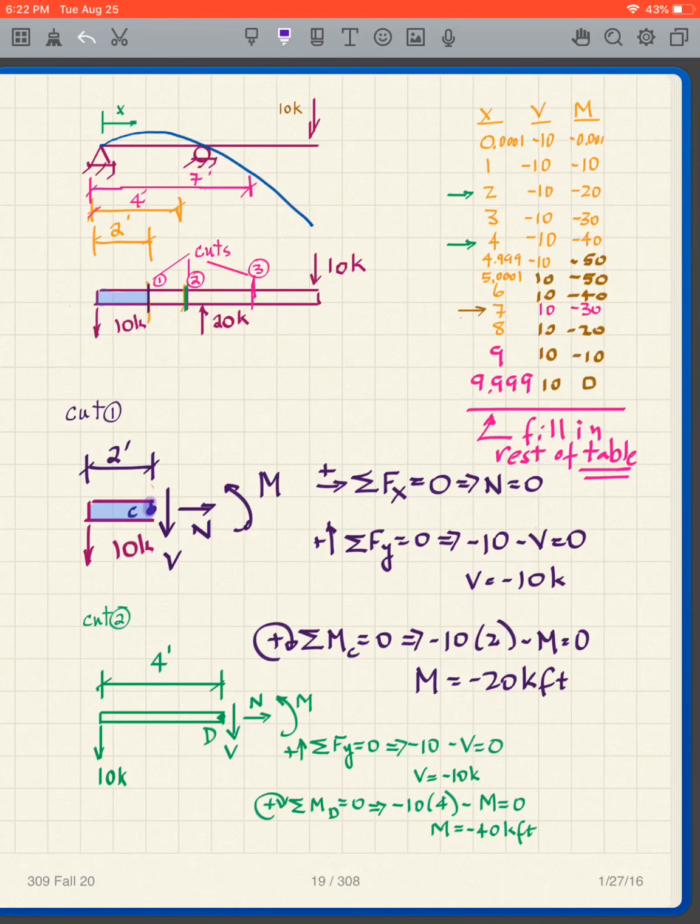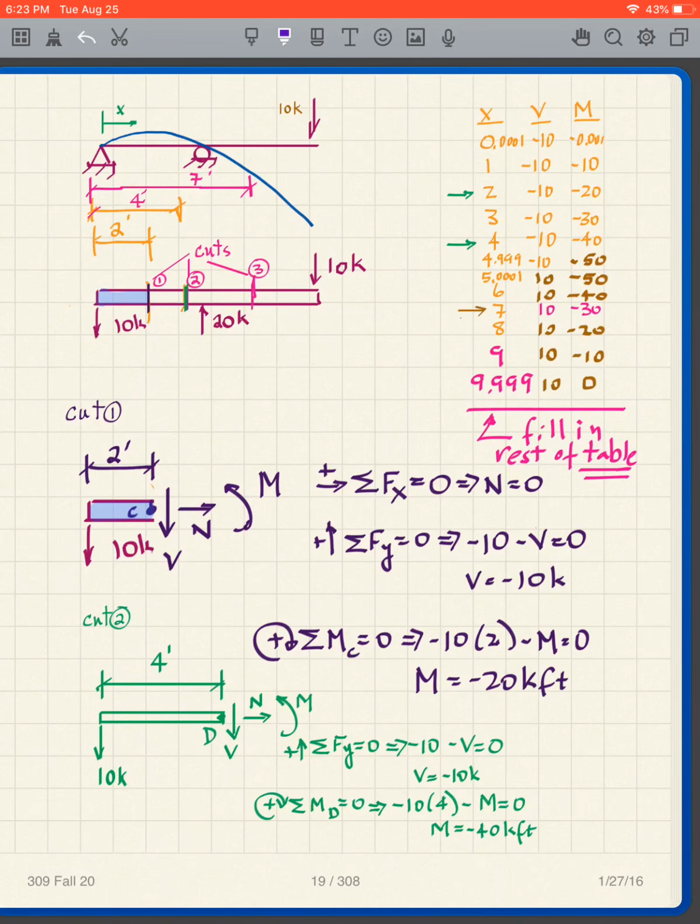Now I'm going to take moments about point C. So there's my point C. Well, V goes through it, N goes through it, so I don't need to consider V and N, but I do need to consider the 10 kips and the moment.